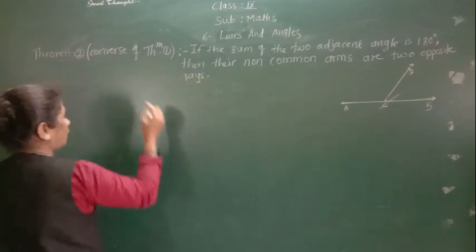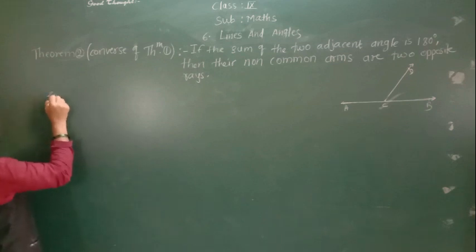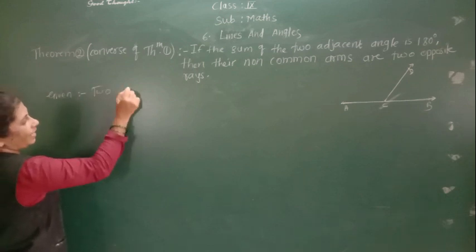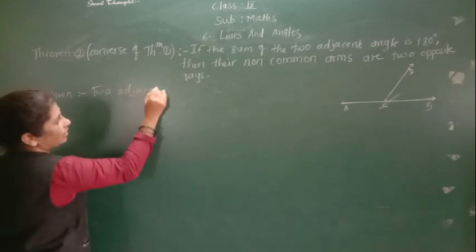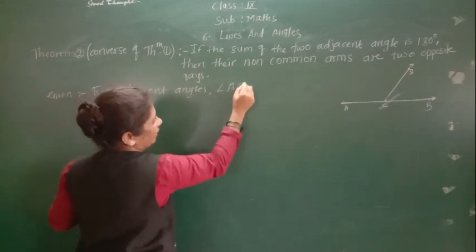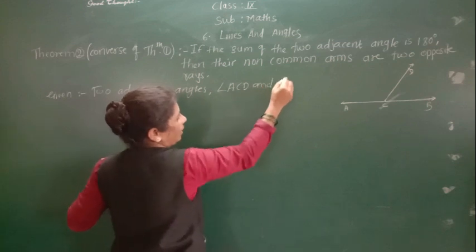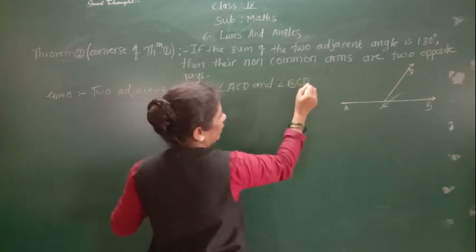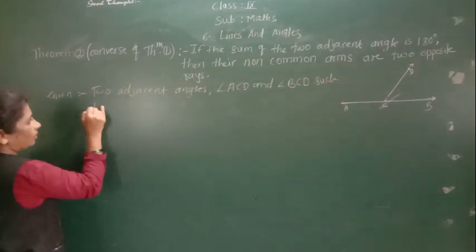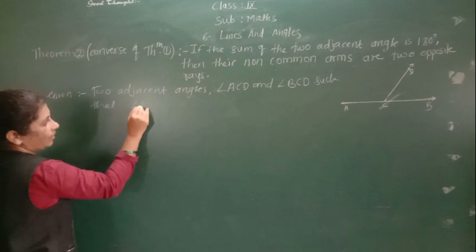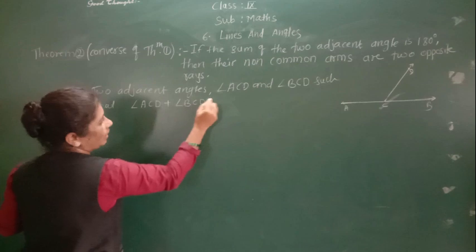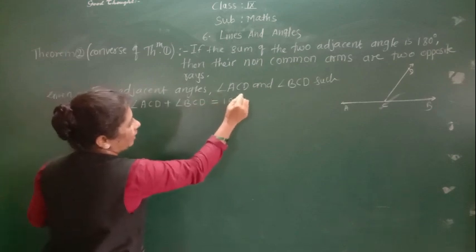Okay, so what is given for us in this statement? Given: two adjacent angles, which are angle ACD and angle BCD, such that angle ACD plus angle BCD equals how many degrees? 180 degrees, right?